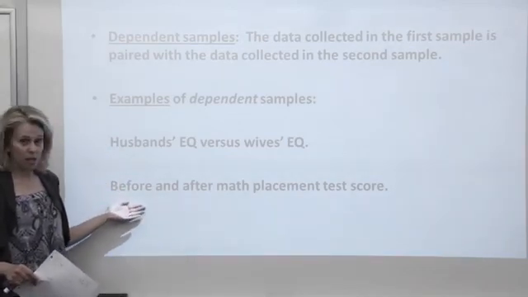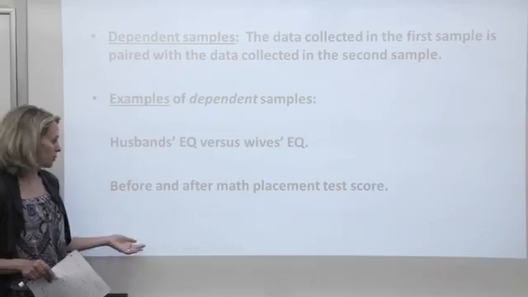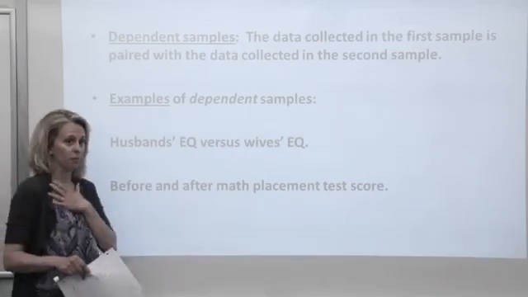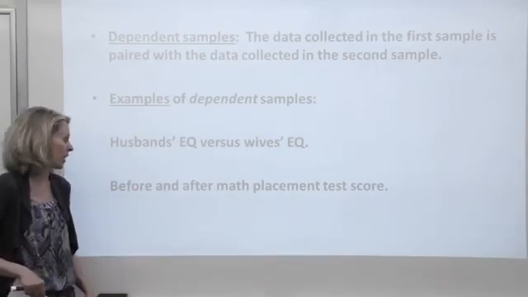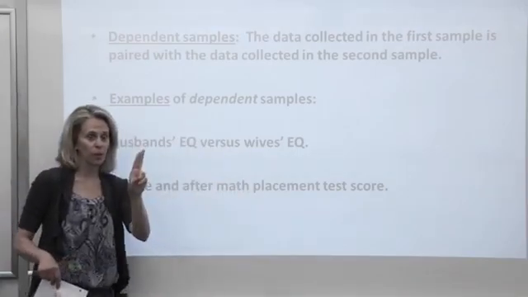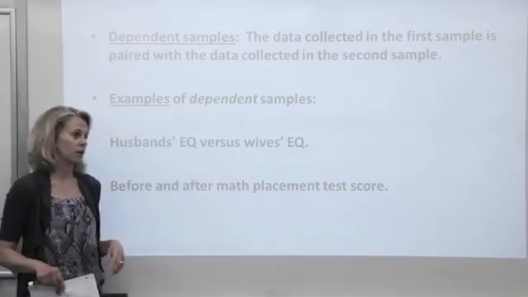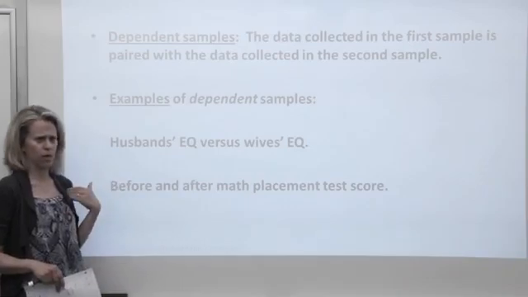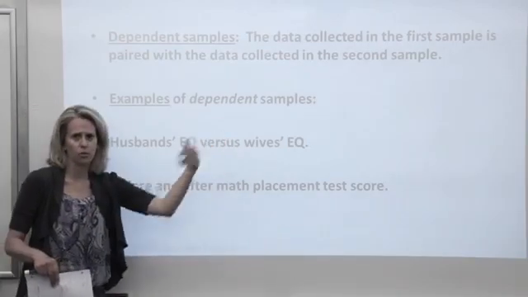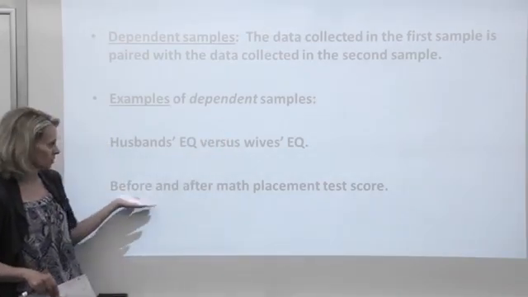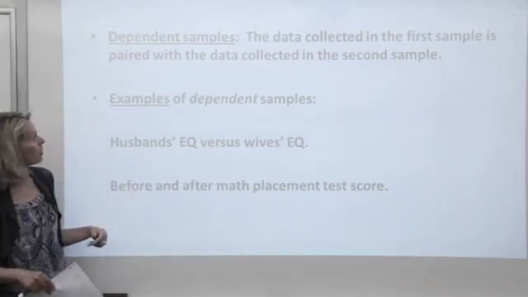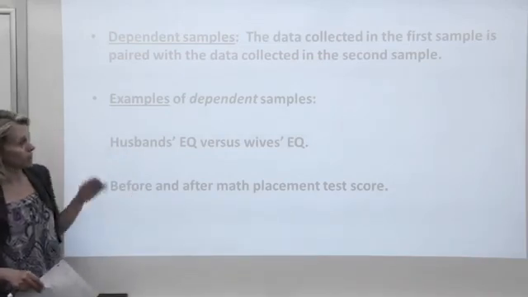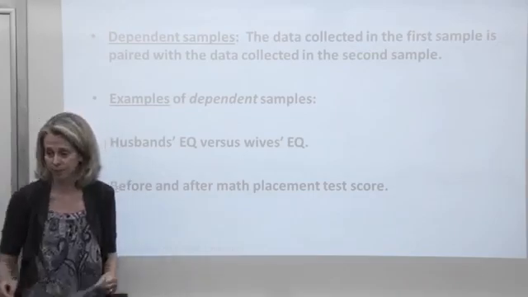For the math placement test scores before and after taking a boot camp class, we would look at my score before I took the boot camp class, my score after, and compare that set of data. We wouldn't look at my score before the boot camp and compare it to somebody else's score after. That'd be sort of silly. So we would look at pairs of information. You have dependent samples if you have paired data.